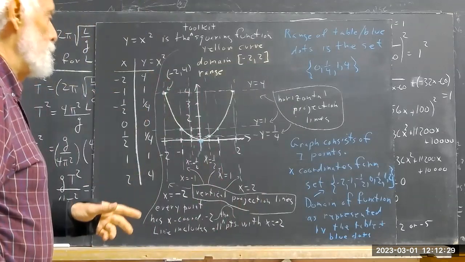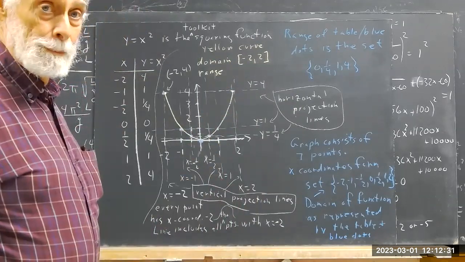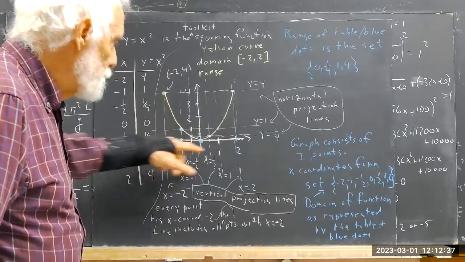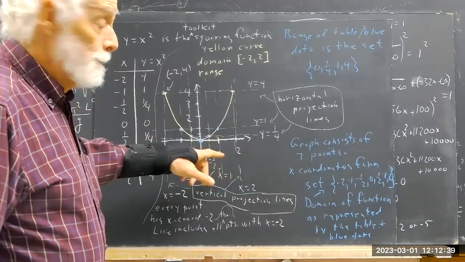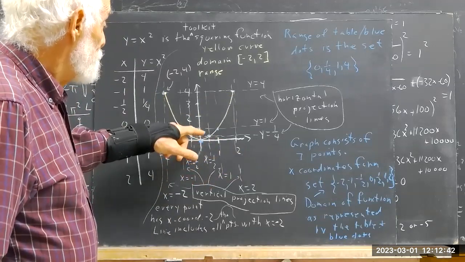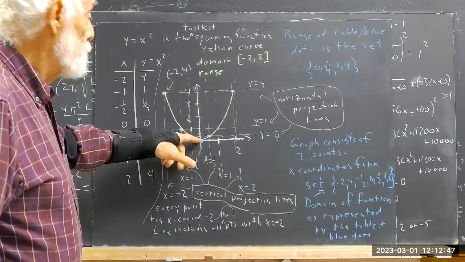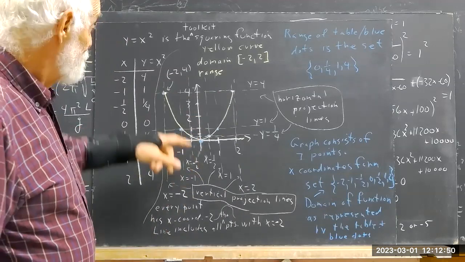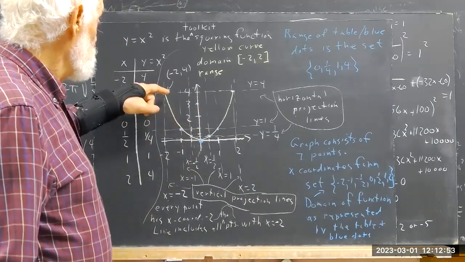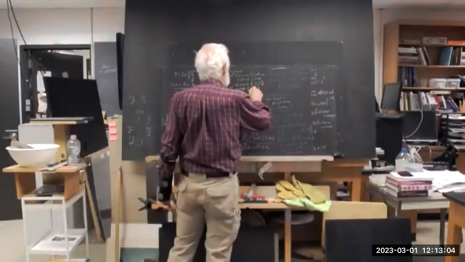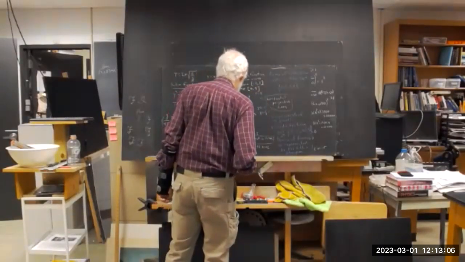And then the range, well, the domain includes all the x values. Okay, and the x values corresponding to points in this curve include everything from -2 to 2. The y values for the curve go from 0 up to 4 and include 0 and 4. Since 0, 0 is included, automatically we do that, and since we have closed dots at the ends, 4 is also included, so the range goes from 0 to 4.